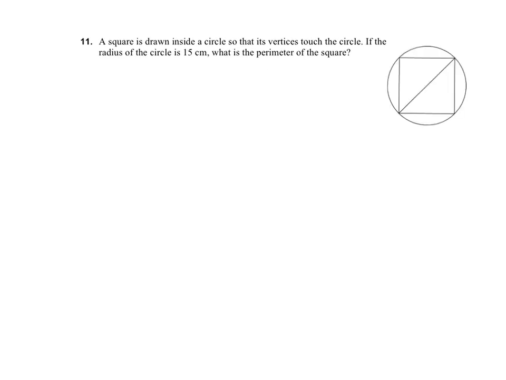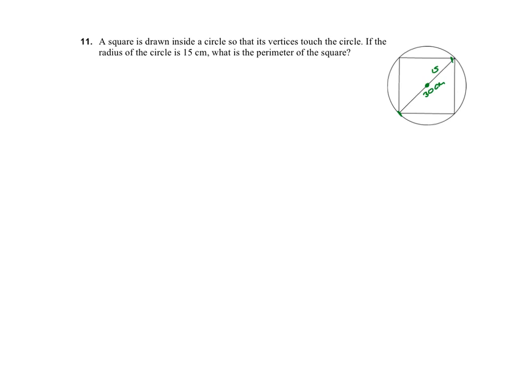Okay, so in this case, I have a square drawn inside of a circle, so that its vertices touch the circle. So I have the figure right here. If the radius of the circle is marked right here, if this is 15, that means that the diameter, the whole segment, is 30 centimeters.